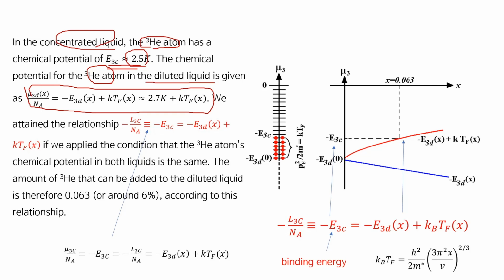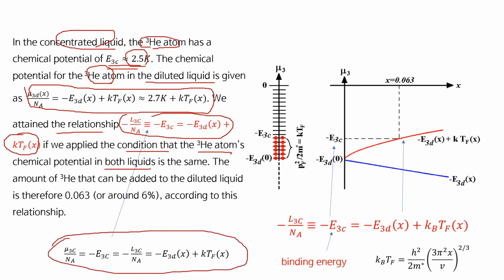We obtain this equation if we apply the condition that the helium-3 atom's chemical potential in both liquids is the same. So we use this relationship. The amount of helium-3 that can be added to the dilute liquid is therefore 0.063, around 6%, according to this relationship.